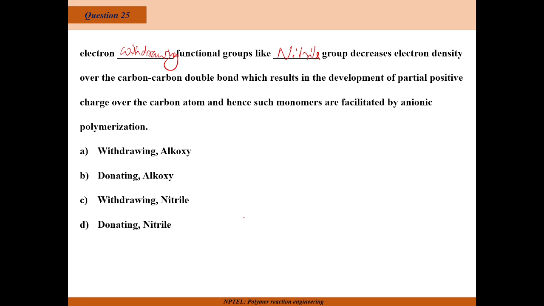Which means it is ready to donate its electrons readily. Nitrile, right? Oh, the nitrile is electron withdrawing itself. Yeah, okay, this is the correct answer. Okay, clear.